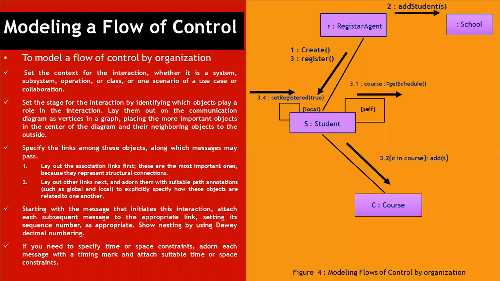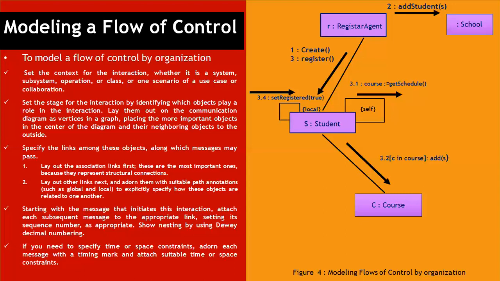Here in this figure 4, we see a collaboration diagram that specifies the flow of control involved in registering a new student at a school, with an emphasis on the structural relationship among these objects. To model flow of control by organization, first we need to set the context for the interaction, whether it is a system, subsystem, operation or class, or one scenario of a use case or collaboration.